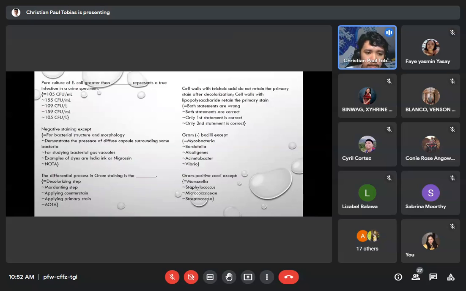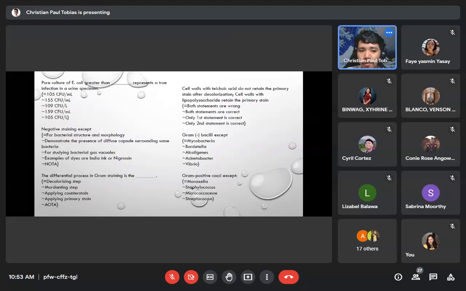Okay, the differential process in gram staining is the decolorizing step. So, cell walls with teichoic acid do not retain the primary stain after decolorization, which is wrong, because cell walls with lipopolysaccharide do not retain the primary stain. Cell walls with lipopolysaccharide are gram negative. If there's lipopolysaccharide, gram negative.